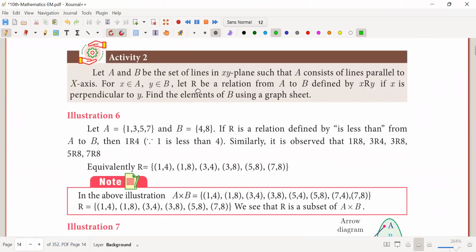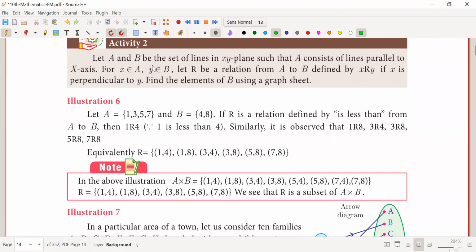Okay, activity. Let A and B be the set of lines in the XY plane such that A consists of lines parallel to the x-axis, for x an element of A and y an element of B. Let R be the relation from A to B defined by x related to y if x is perpendicular to y.